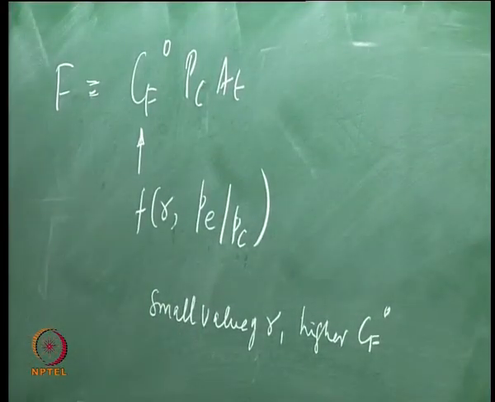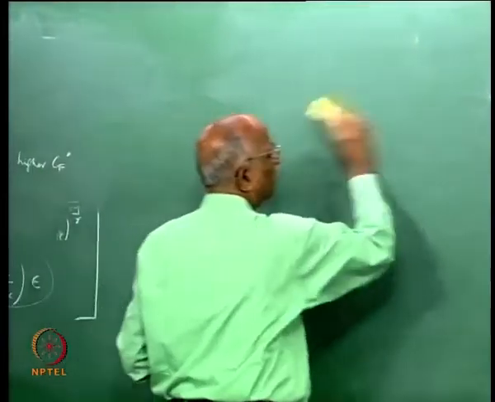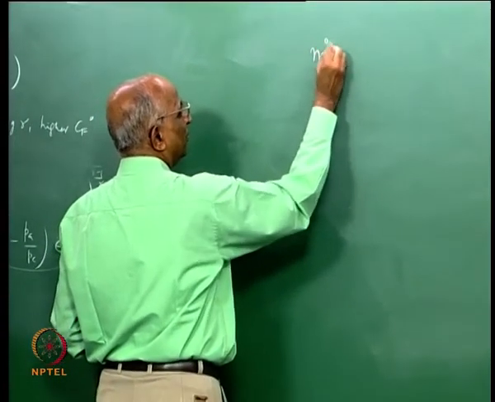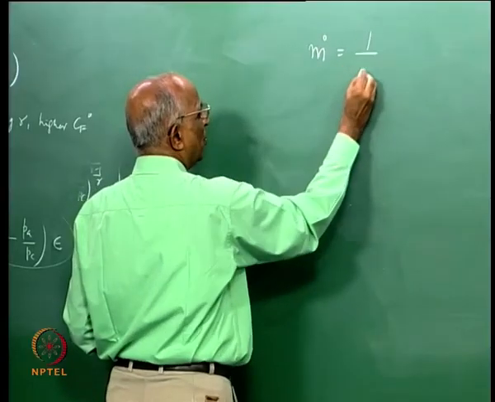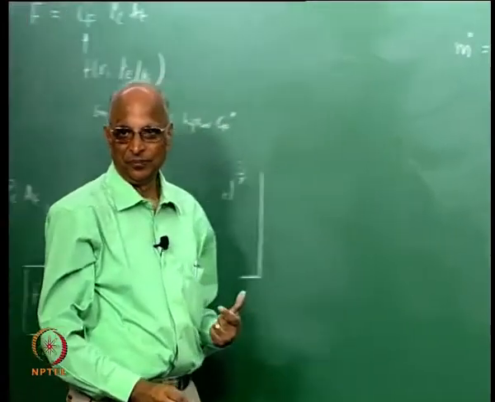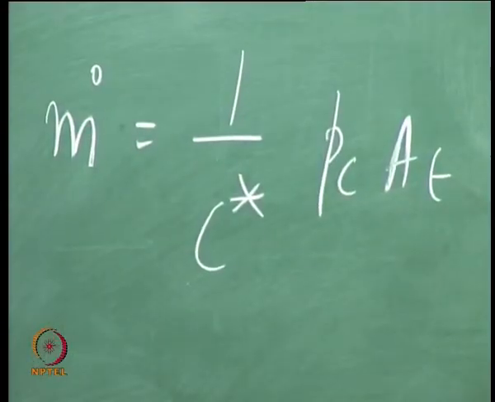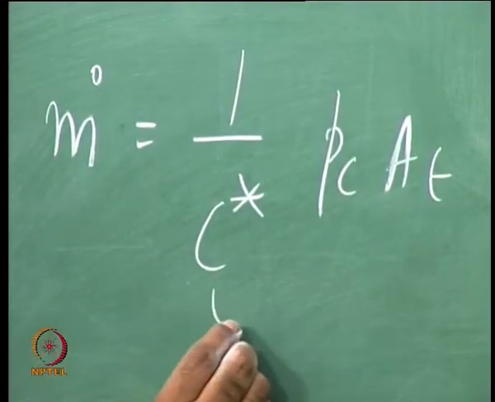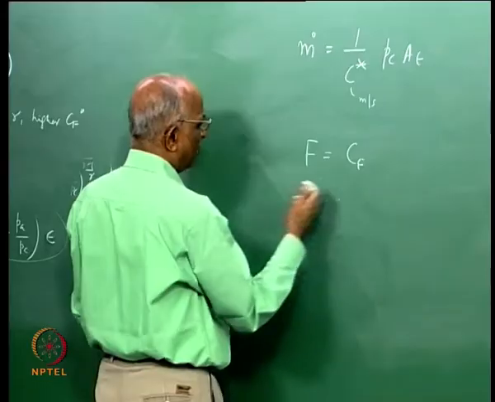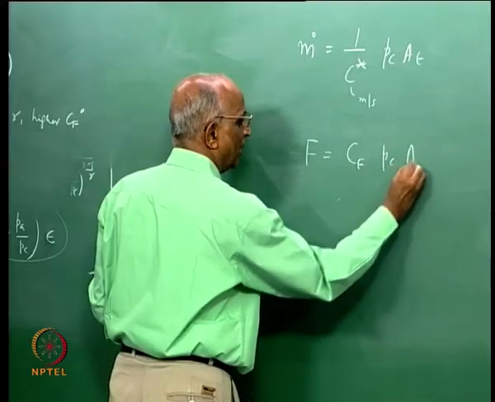Okay. This is all about thrust in a nozzle, and now what have we done? We have simplified the whole nozzle calculations. We told ourselves, well, m dot, the mass flow through a nozzle, is equal to 1 over C star into chamber pressure into throat area, where C star was equal to under root R Tc by gamma, which we called the characteristic velocity, unit being meter per second, and we said force in a nozzle is equal to Cf, whether under expanded, optimum or over expanded, into Pc into At.